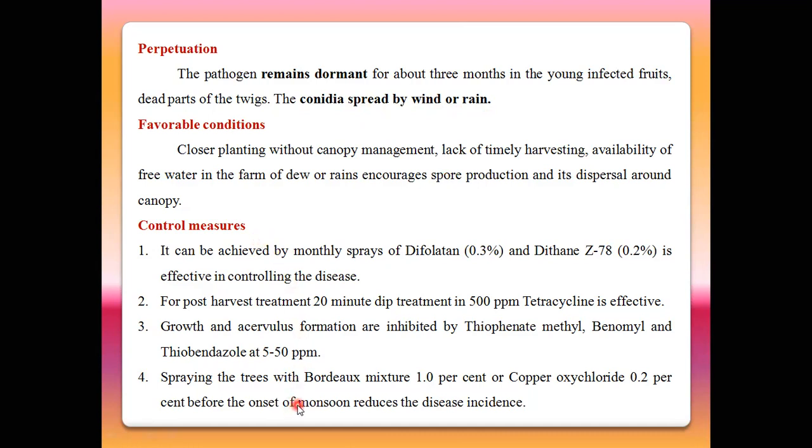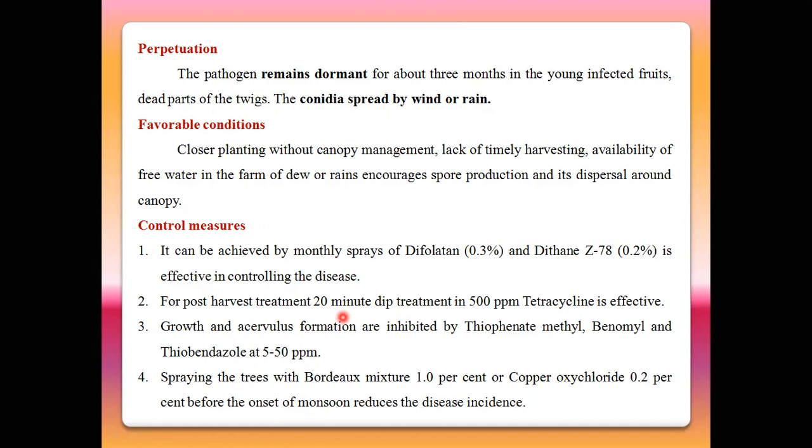And the last point is the management points. In management, collect the infected fruits seen on the guava plant, and burn them properly. Or cut the infected twigs from below the infection point.